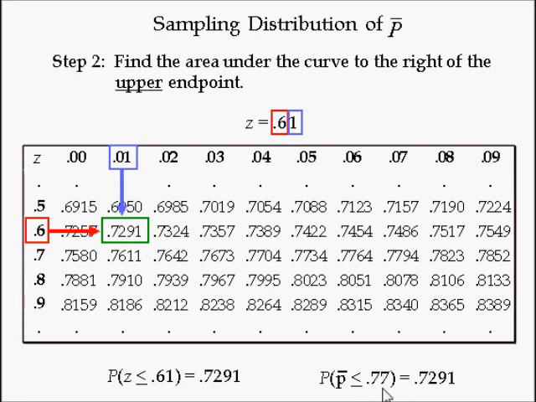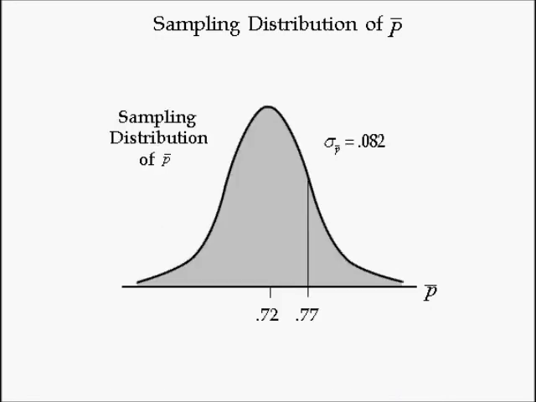Since 0.77 is 0.61 standard deviations above the mean, the probability that p bar is less than or equal to 0.77 is equal to 0.7291 as well. The probability that the sample proportion is less than or equal to 0.77 is 0.7291.